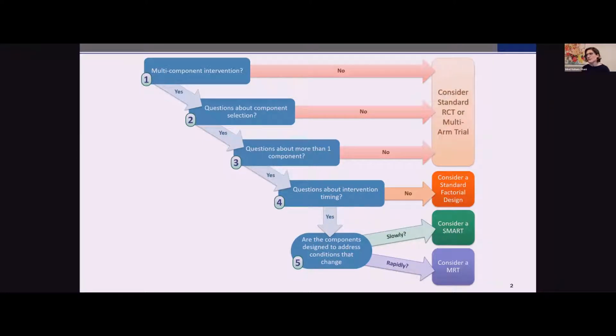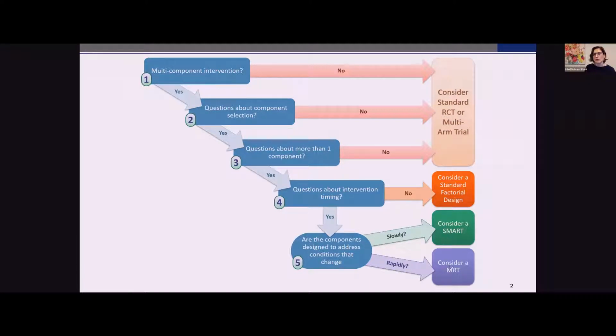These include standard randomized control trials comparing an intervention to control, or 2-arm trials, or standard multi-arm trials. So basically just the standard randomized trials that we're all familiar with. The second are factorial designs. The third are SMART designs, and SMART stands for sequential multiple assignment randomized trial. And the fourth are micro-randomized trials, MRTs.